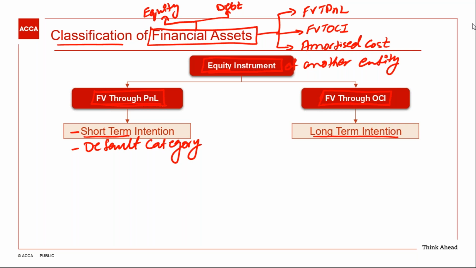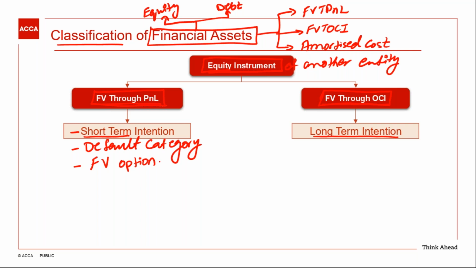So in both the categories, we treat fair value through P&L as the default category. So in case of any confusion, we are going to classify it in the fair value through P&L. Plus, we also say that we have a fair value option in fair value through P&L category, which means that even if my intention is long term, but I still want to classify it in fair value through P&L, I can.